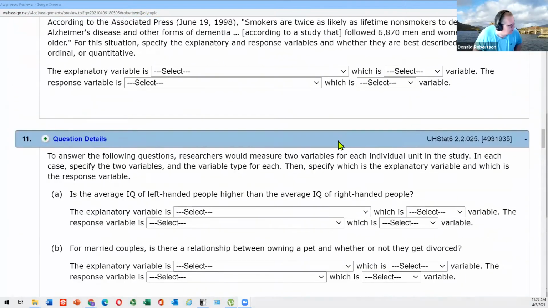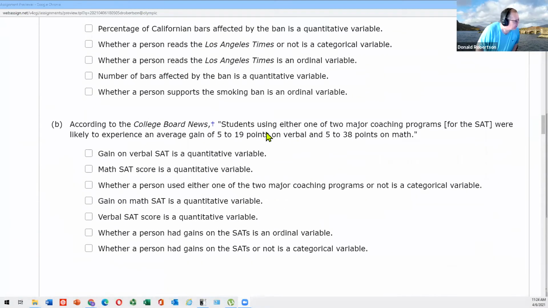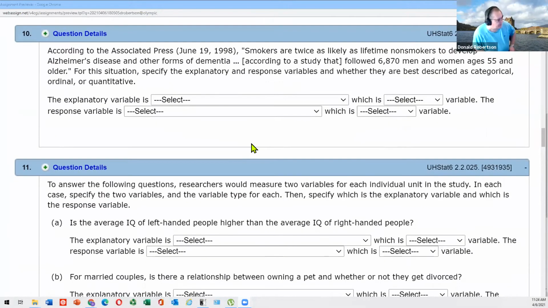So let's see if we can do these questions. In almost every question, the answers are kind of silly. And what do I mean by that? Well, in almost every question, the first thing they mention is the explanatory, and the second thing they mention is the response. So let's pick one of these. I'm on this one.